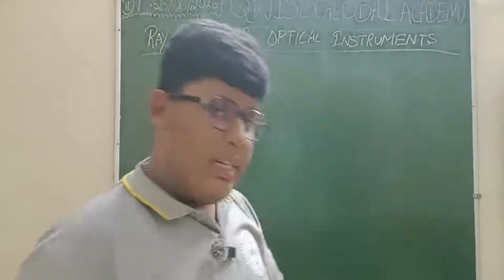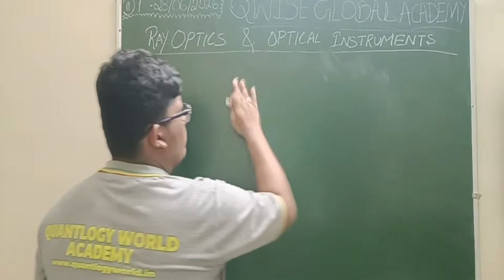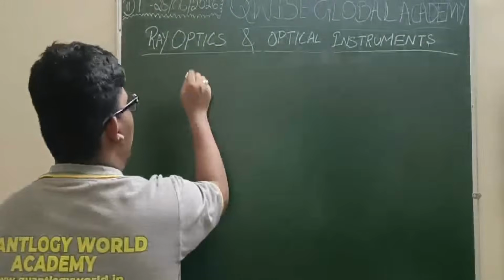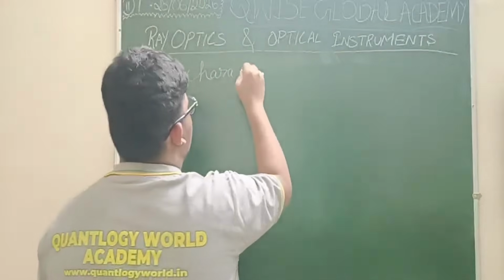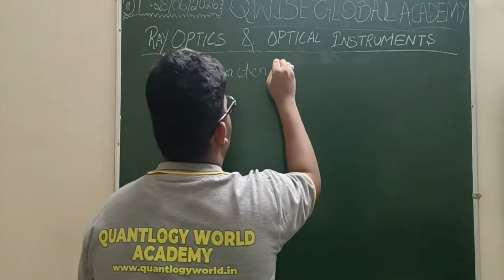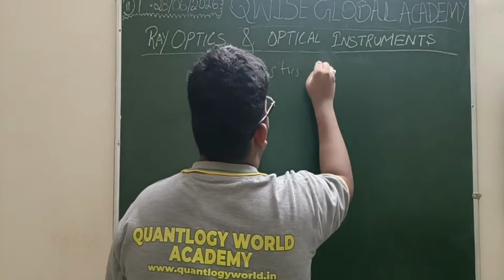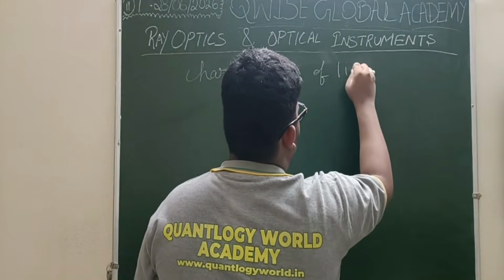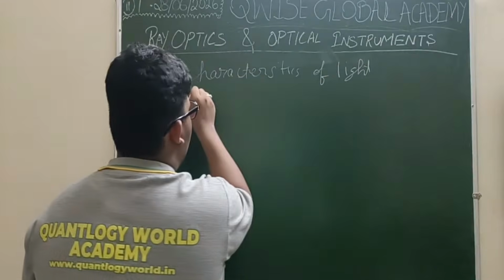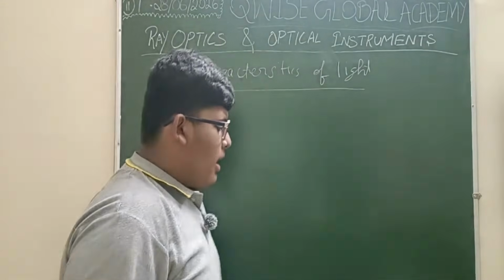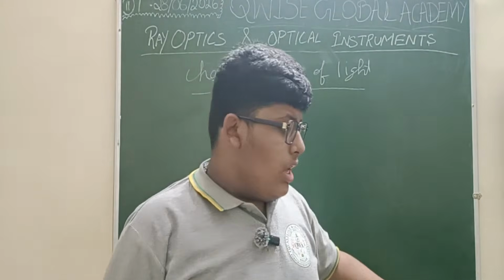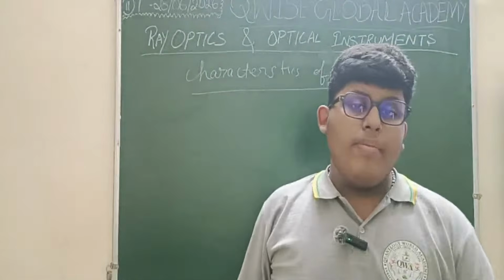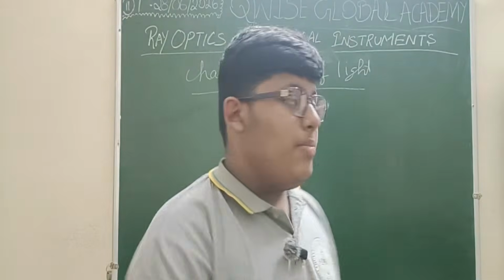Next is characteristics of light. There are three characteristics of light, out of which it is a form of wave as well as it travels in a straight path.